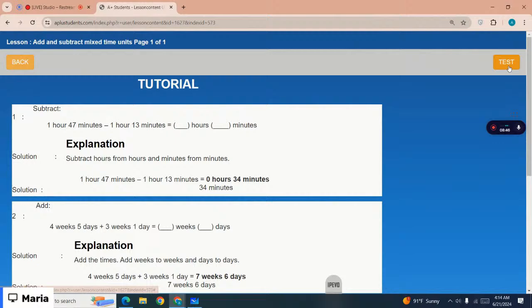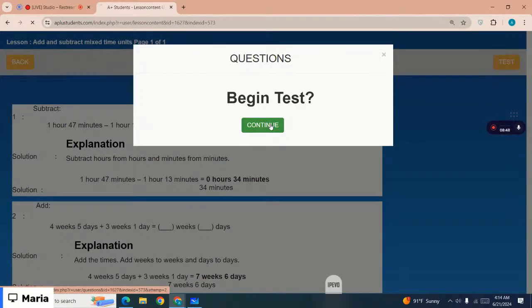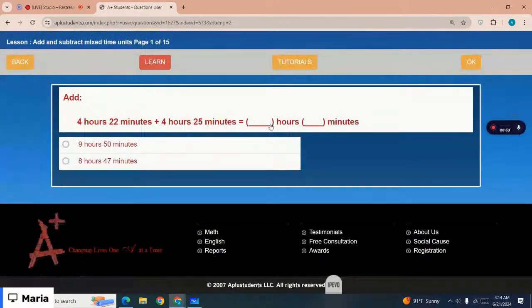Let's just start with the test questions. 4 hours 22 minutes plus 4 hours 25 minutes. Which is the correct option? You have to add hours to hours and minutes to minutes.